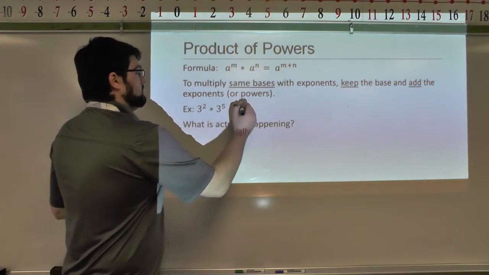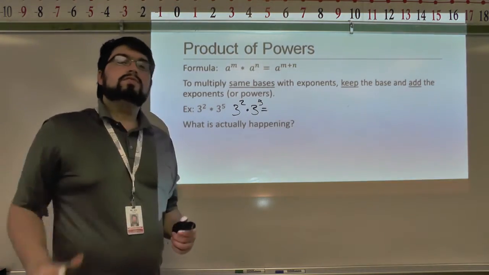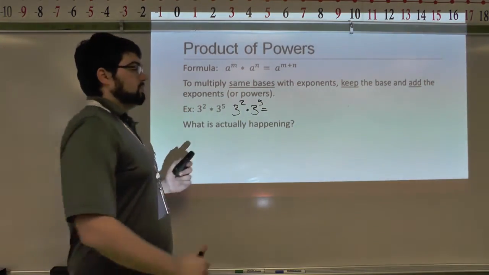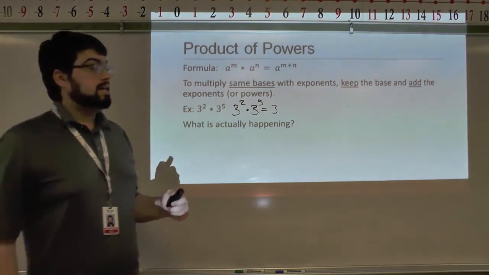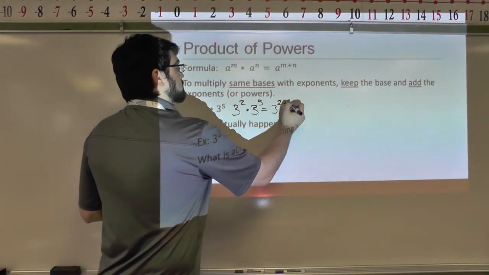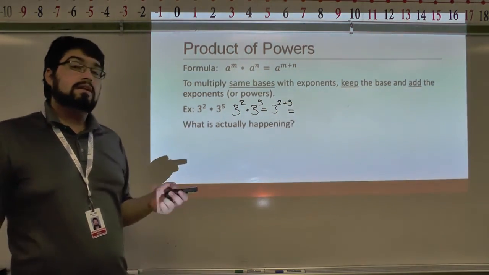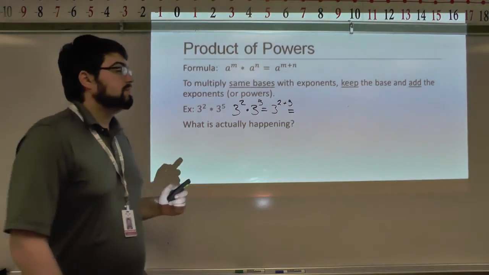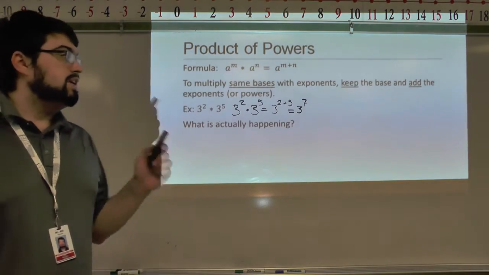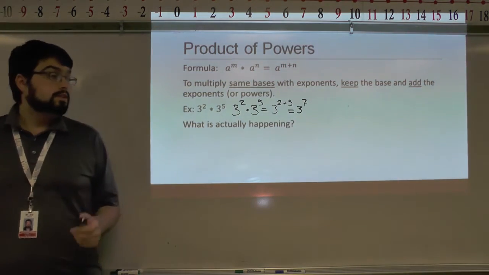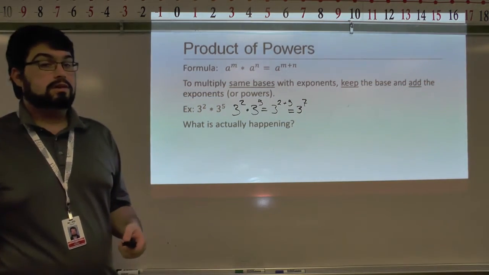If I simply follow my formula, all I'm doing is rewriting my base and I add my exponents. And then we calculate that out because we can calculate 2 plus 5. 2 plus 5 gives us 7. So there you have it. We just used the formula to figure out what 3 squared times 3 to the 5th power is.